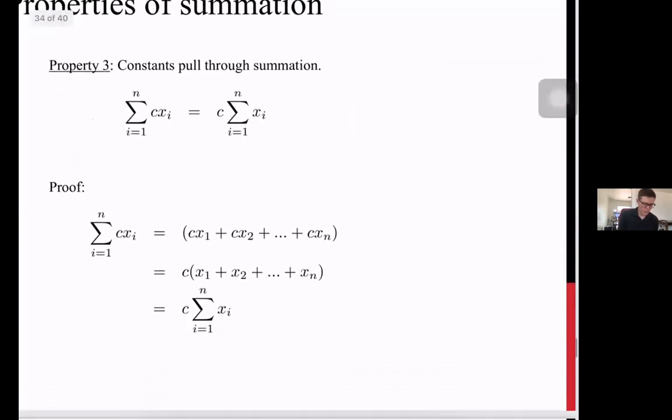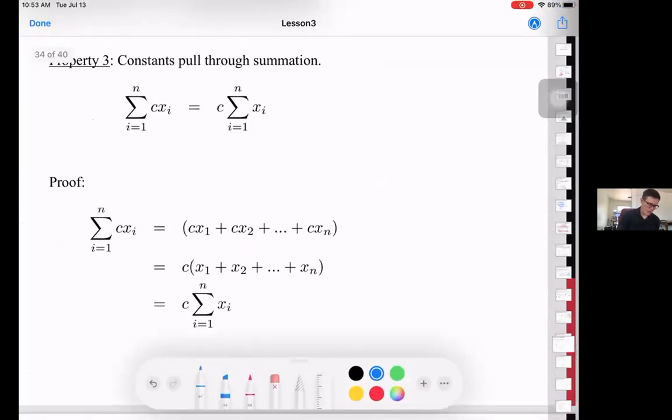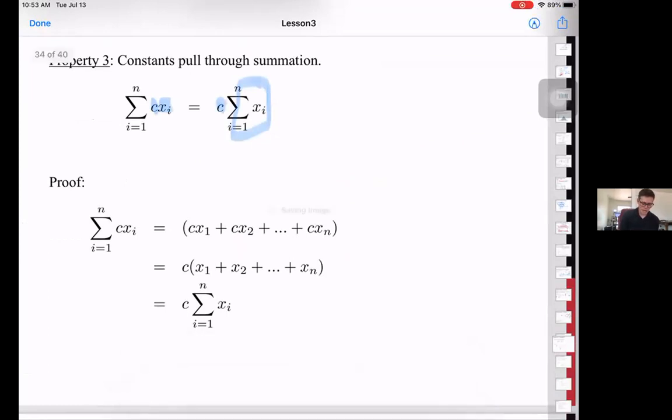Okay, so this is a cool one too. Instead of multiplying a constant by every part of the data, we could just do the summation first and then multiply that sum by the constant if we were interested.